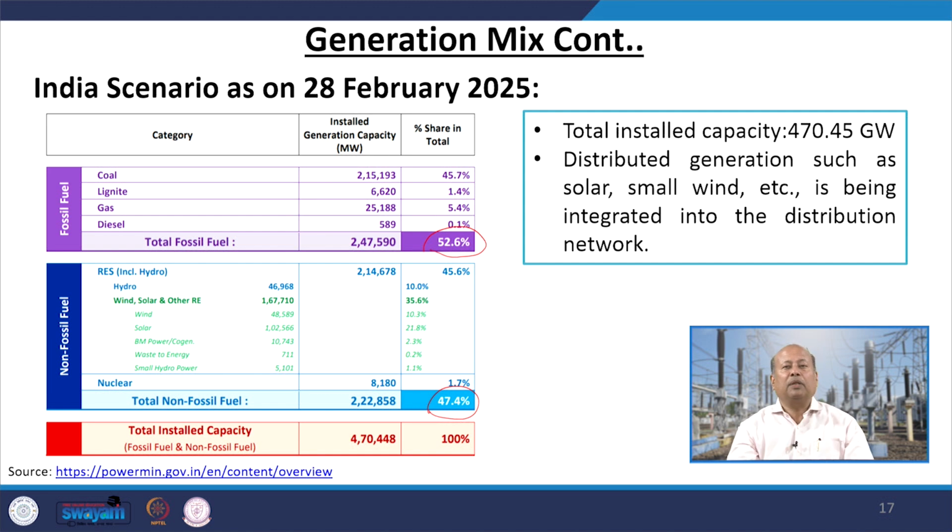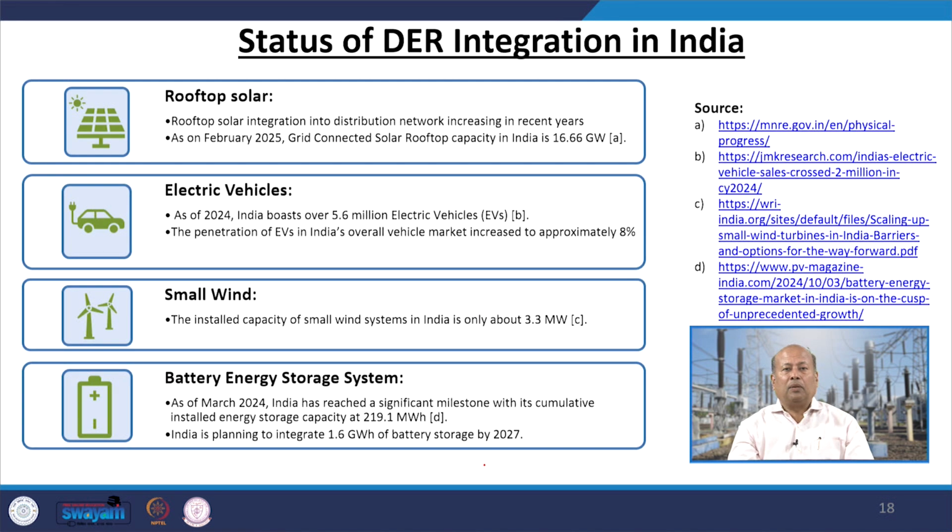So a lot of new technology needs to be brought into the power transmission and distribution system to accommodate the maximum percentage of renewable energy in future. Now, what is the status of distributed energy resources integration in India? Let us focus here. First of all, let us concentrate on rooftop solar.